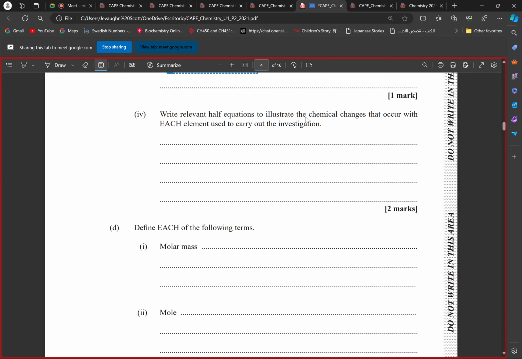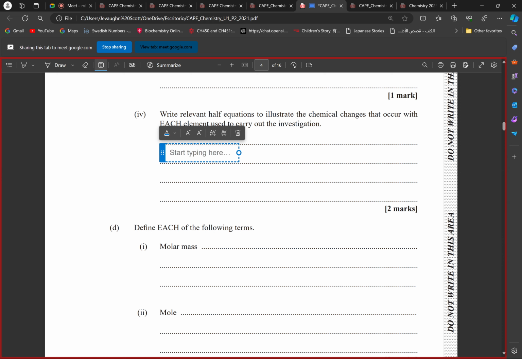Write the relevant half equations to illustrate the chemical changes that occur within each element used to carry out the reaction. The chlorine gas will be reduced to Cl-, and the iron will be oxidized. The iron 2 will be oxidized to iron 3 plus.